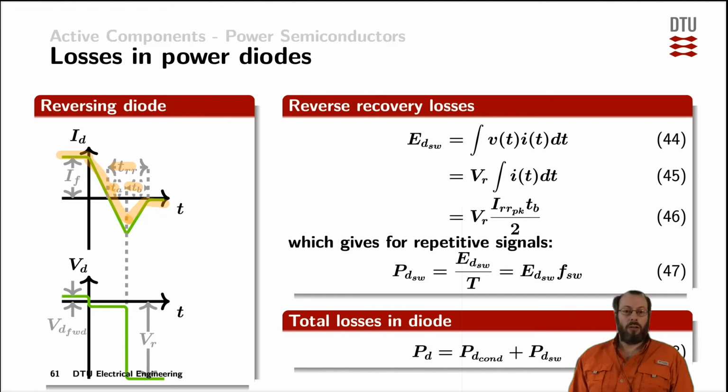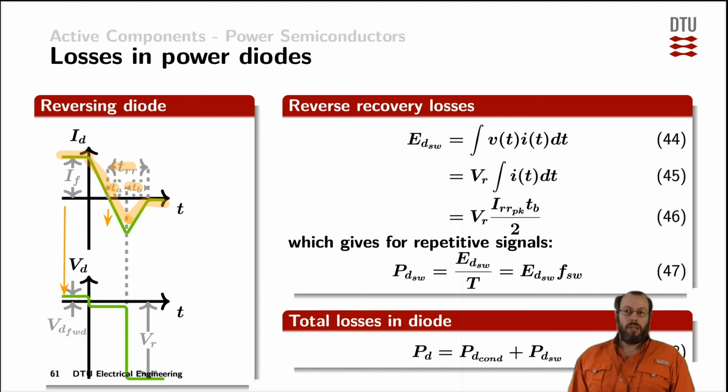First of all, during the time the diode was conducting current, its forward voltage was rather low and is represented by the forward voltage that we have been looking into during the conduction losses. So the roughly 0.7 volts, which are not exactly 0.7 volts in reality.